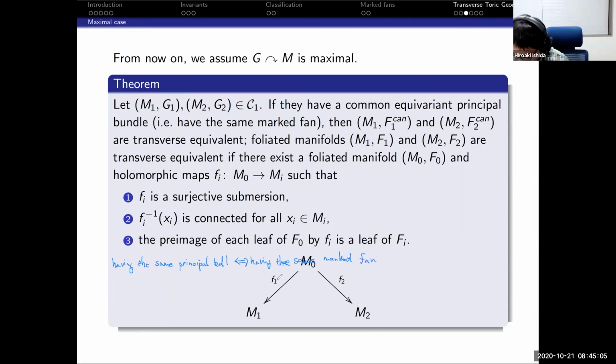And by this theorem, if they have the same marked fan, they are transversely equivalent. So we hope that we can describe all properties of this foliated manifold by the combinatorial object, the complete simple marked fan.